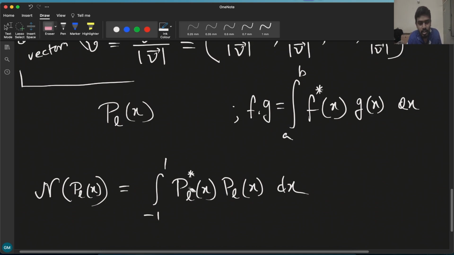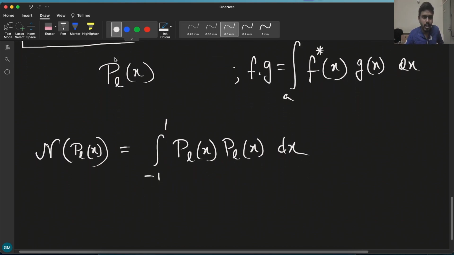So if we are dealing with complex numbers, in that case this star will be important, but here these P_l(x) are all real quantities, right? So whether you are taking a complex conjugate or not, it will not make any difference. So I can just remove it.